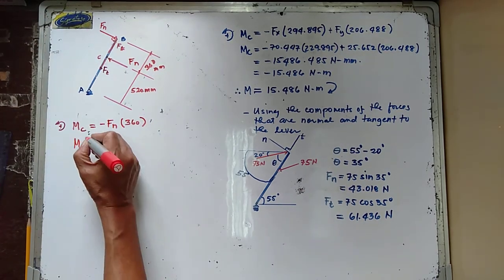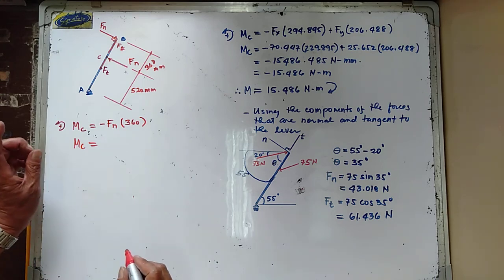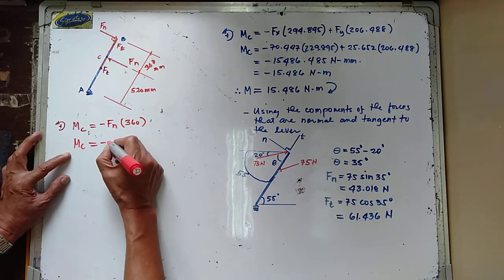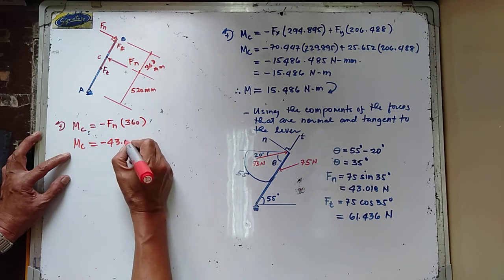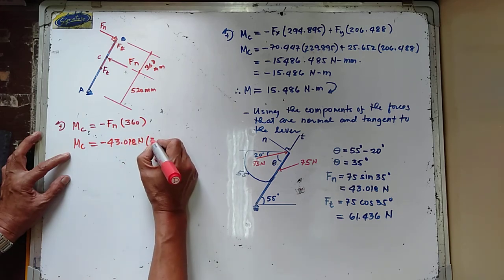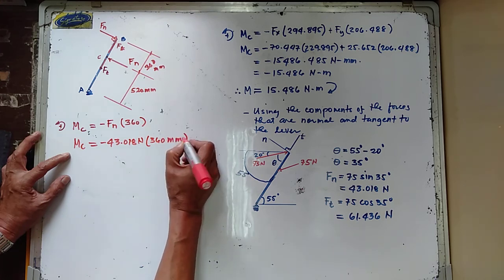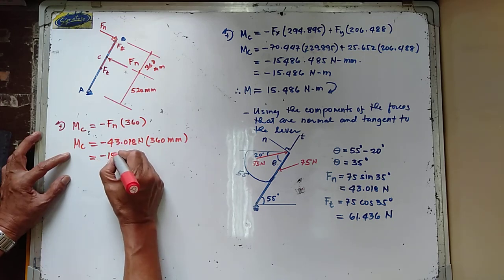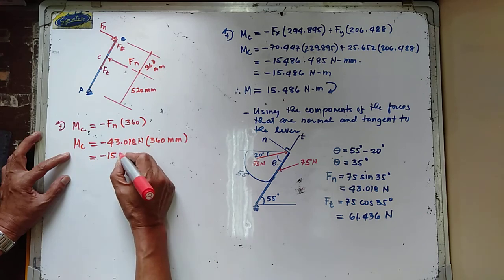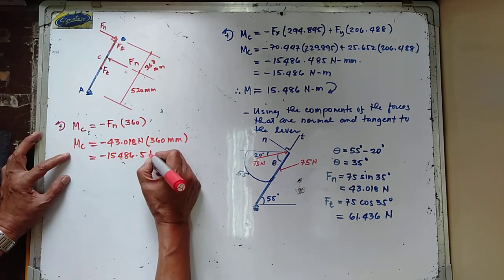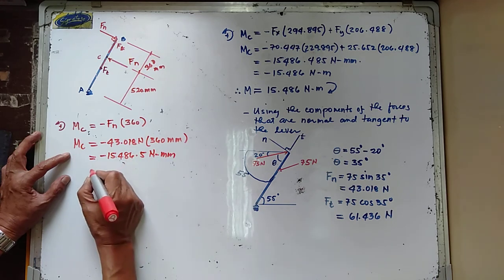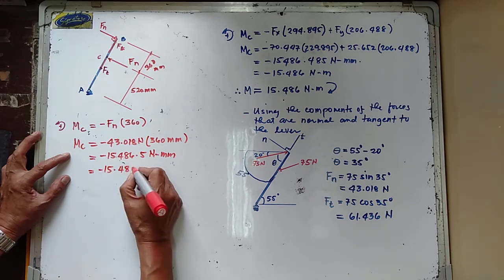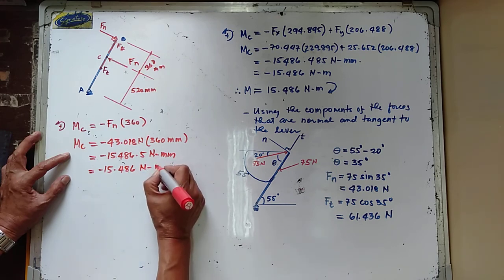So your MC is now equal to negative 43.018 newtons by 360 mm, and this is equal to negative 15,486.5 Newton millimeter, or this is equal to negative 15.486 Newton meter.